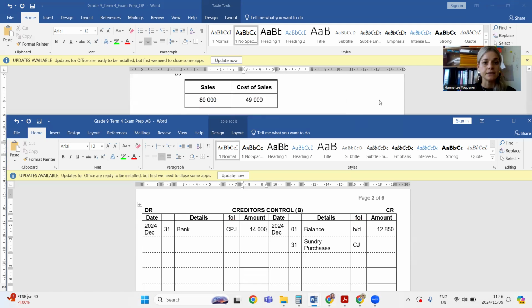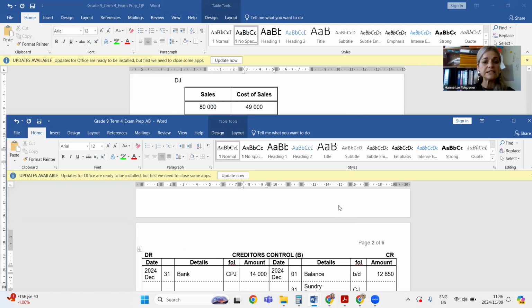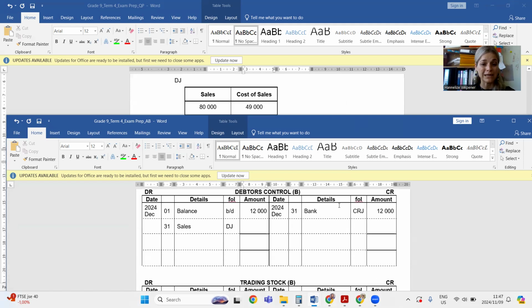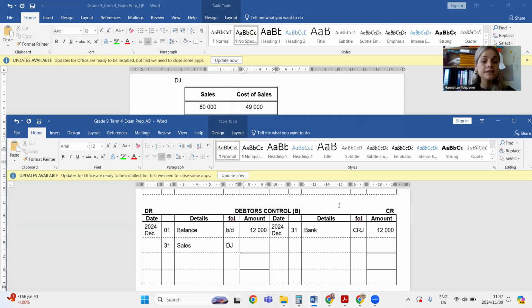Okay, next up, the DJ. DJ means that our debtors now owe us more money because they purchased from us. And that means that we had sales. So we also had trading stock that left the business in the form of a cost of sales expense. So DJ, debtors control, they now owe you the full amount that they purchased from you. So the full invoice amount, right?